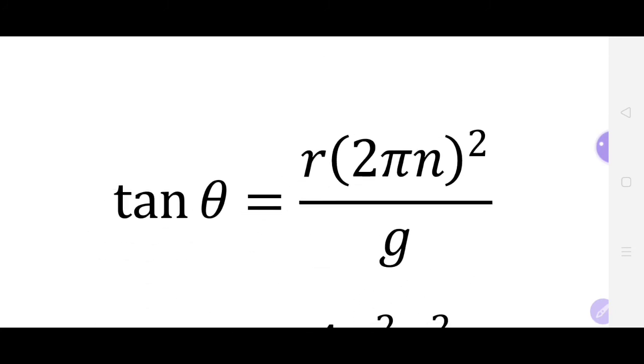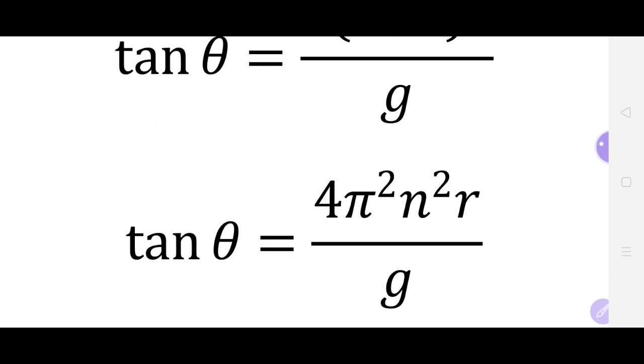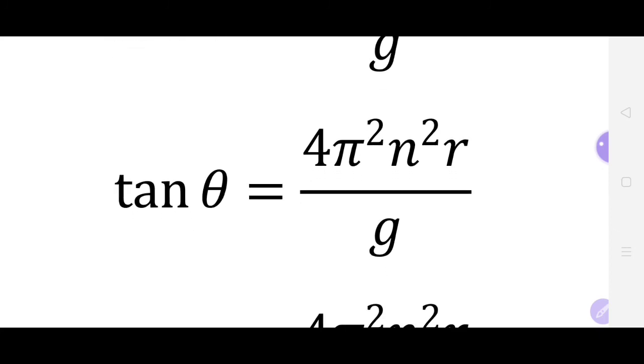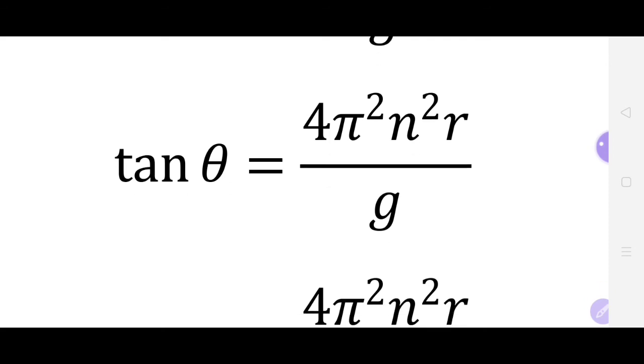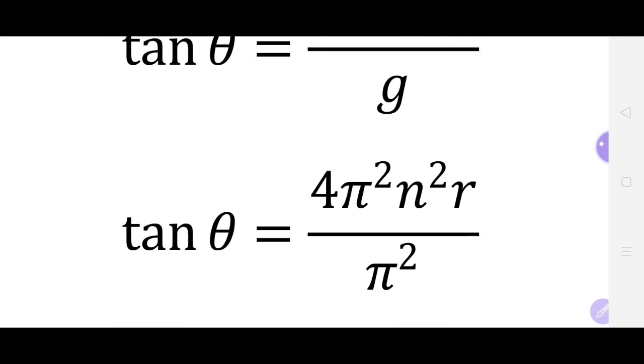Okay. Now we can take omega is equal to 2 pi n. So tan theta will become r into (2 pi n) whole square by g. Solving this equation, we get tan theta is equal to 4 pi square into n square into r divided by g. The value of g in this problem is given as pi square.